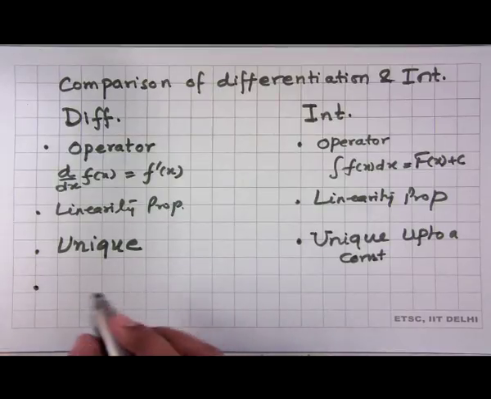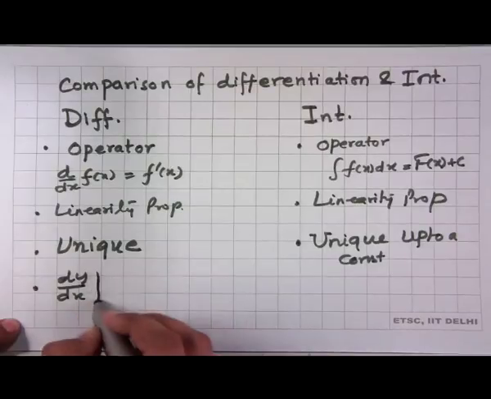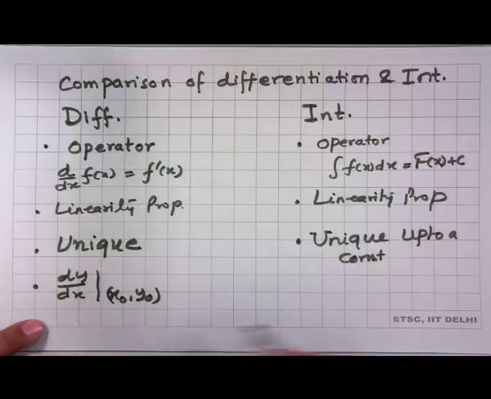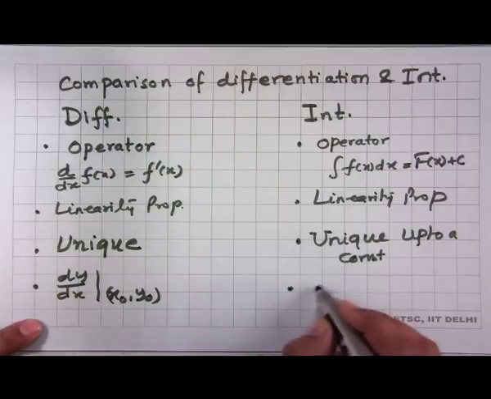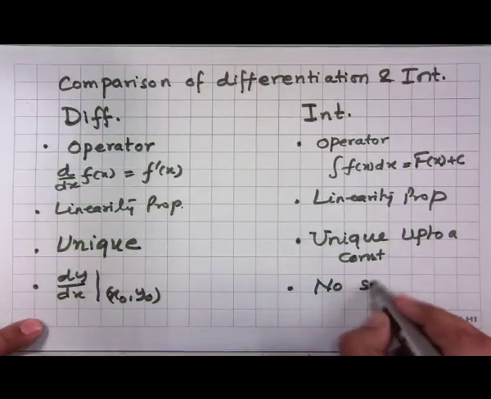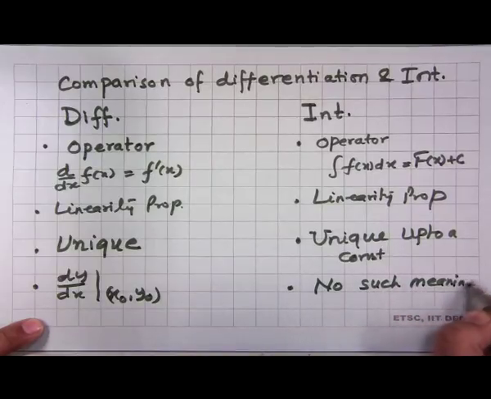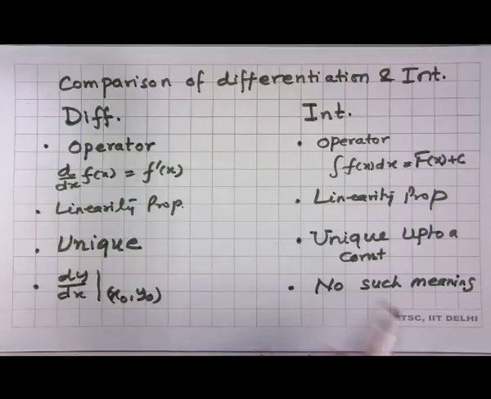You can define the derivative of a function at a point, which means that it represents the direction of the tangent at the point, but no such meaning can be assigned in the case of the integral. That means that the integral at a point has no meaning, while the derivative at a point has the meaning of the direction of the tangent.